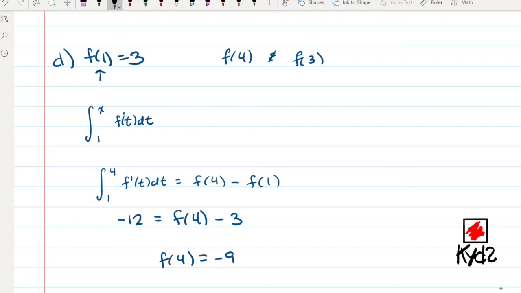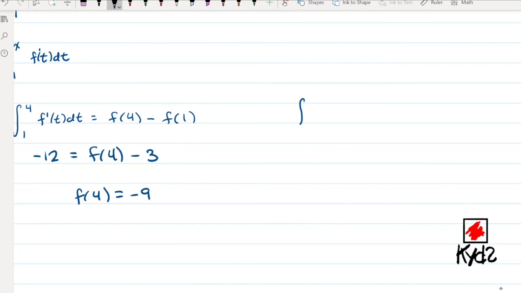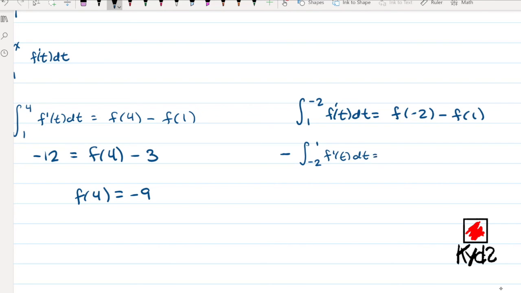And if I want to find f of -2, I'm going to do the integral from 1 to -2 of f prime of t dt, which is equal to f of -2 minus f of 1. So I need to flip this integral, and it becomes the integral from -2 to 1 of f prime of t dt is equal to f of -2 minus f of 1.